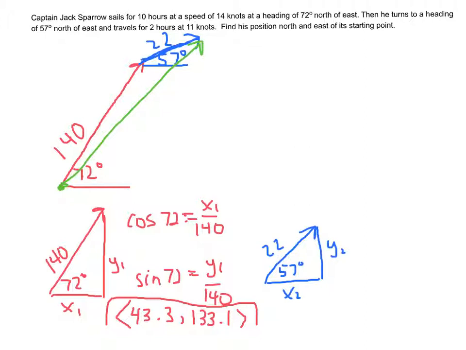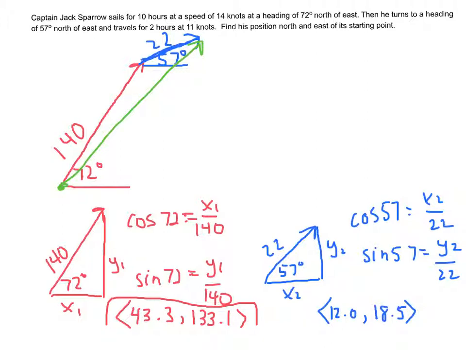Same idea, we're going to do cosine of 57 equals x2 over 22 this time, and then sine of 57 equals y2 over 22. And so we'll calculate these. Our x and y components for the second part of the trip are 12.0 for the x and 18.5 for the y.